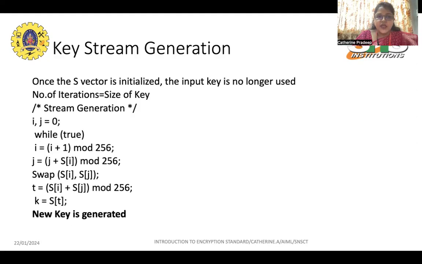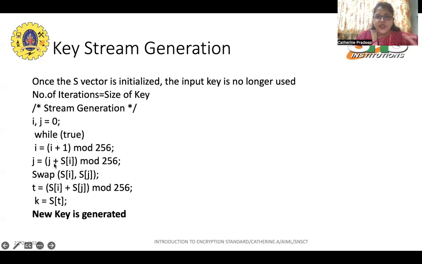Next is the key stream generation. Once the S vector is initialized, the input key is no longer used. Here the number of iterations is equal to the size of the key. The main part is the key stream generation. Initially you initialize i and j equal to 0. While true, i equals i plus 1 mod 256 and j equals j plus S of i mod 256.